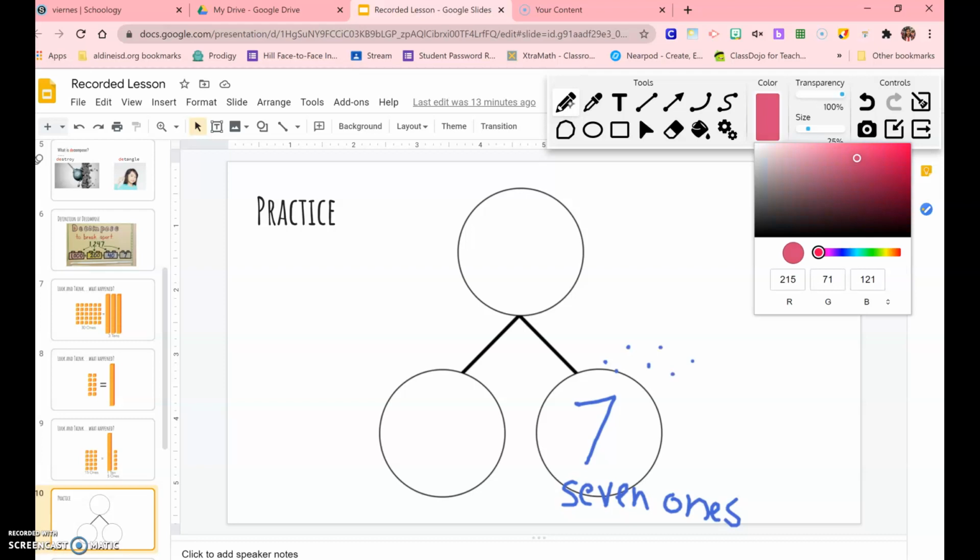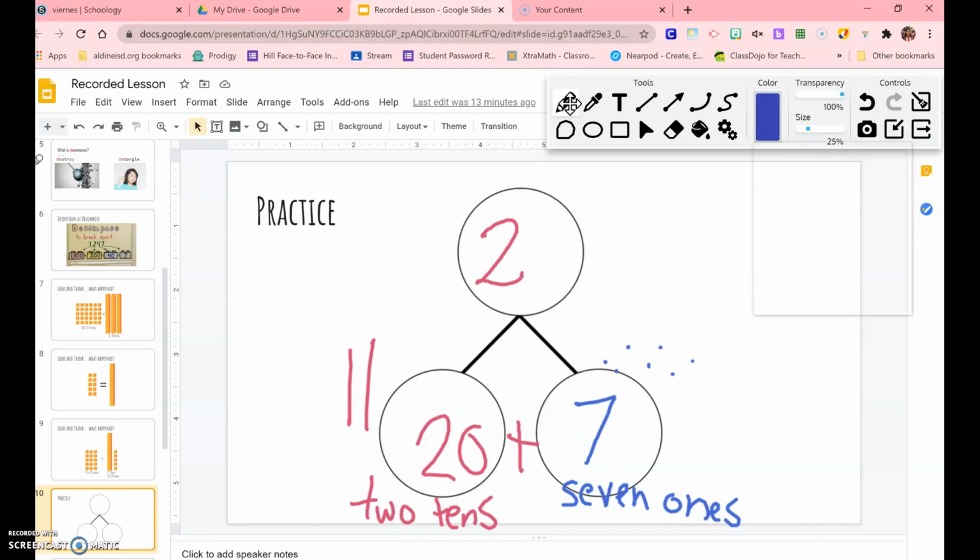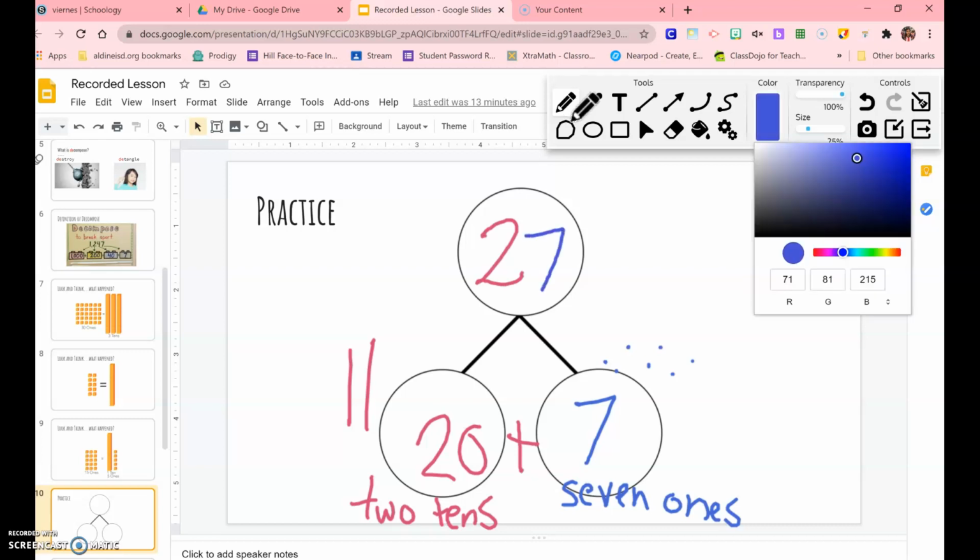Now I'm going to compose. I'm going to put 2 tens. So 2 tens. Now I'm going to draw my 2 tens to help me remember that I count by 10. 10, 20. Okay. So when I'm composing it, putting it back together, because now I'm going to join them, I'm going to compose the number 20, but now it has 7 ones. 27.